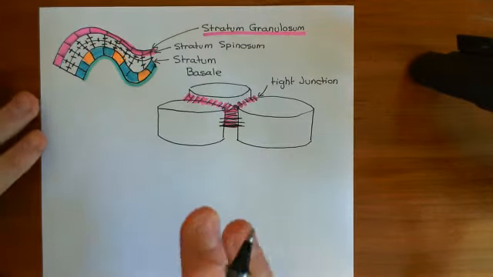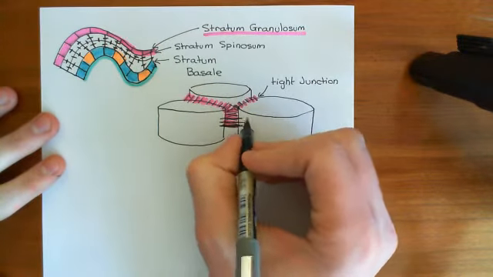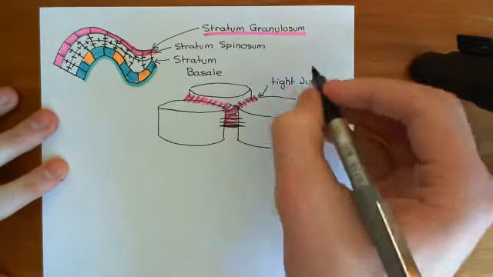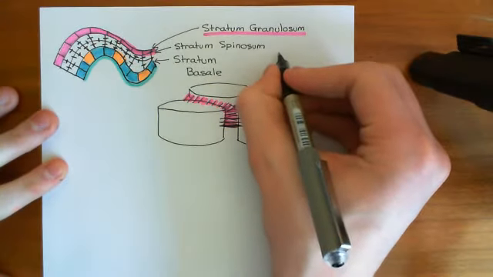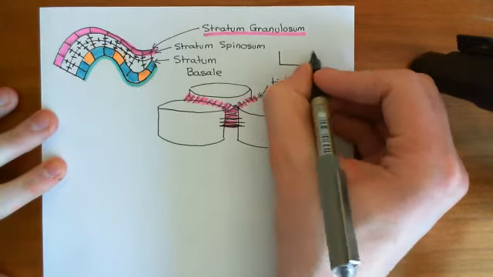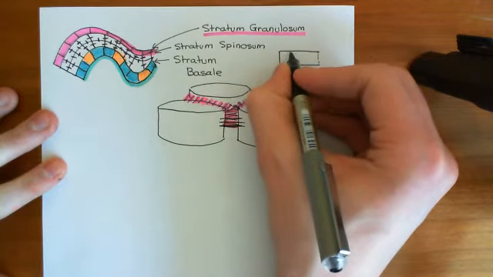Tight junctions are often compared to the plastic packaging that you have on a 6-pack of beer or something along those lines. If you go to the supermarket, you can buy 6-packs of beer which are packaged in a piece of plastic.